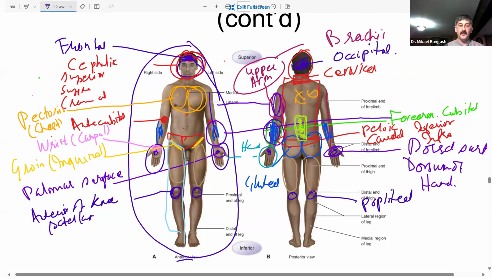So anterior of the knee, patellar; the back of the knee, popliteal. And if you look here, you're going to have a dip or depression. So this area can also be referred to as the popliteal fossa.